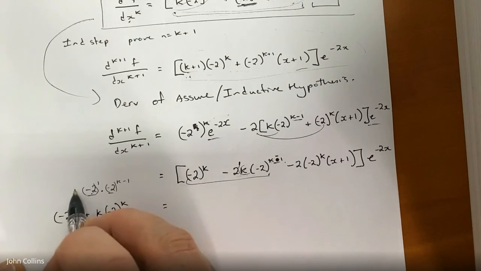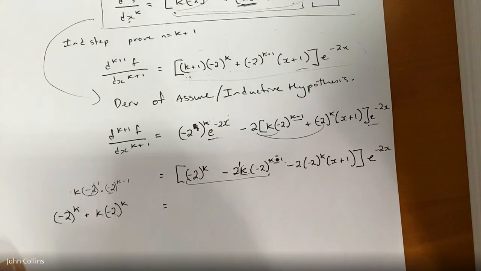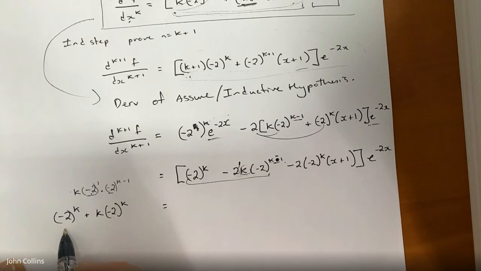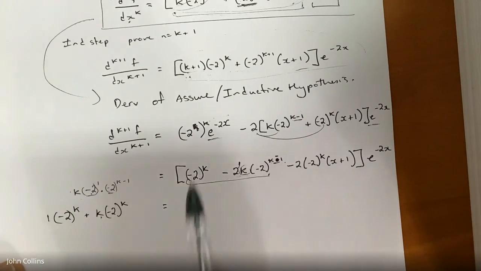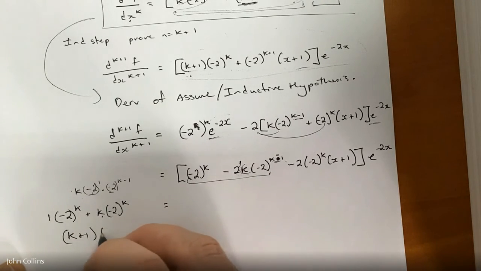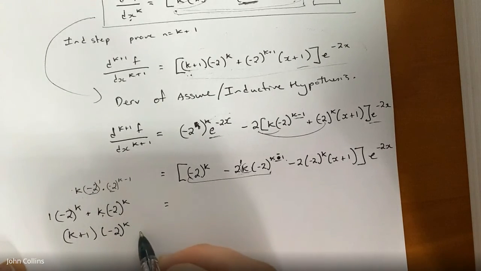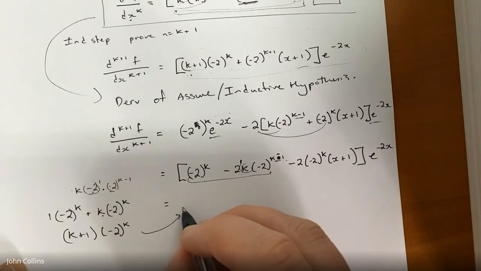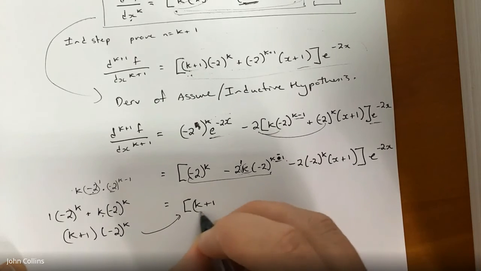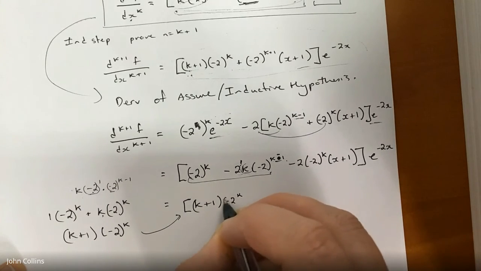All right, and there's a k there as well, so I can just put the k that was there in front. All right, so I'm going to replace that, but also you can then factor out a 1 out of this and a k out of that, so I'm just trying to force out a k plus 1 really. So I do get a k plus 1 when I factor that out. And what's left behind is minus 2 to the power of k. So that was a little sidebar, and I'm going to put that back in. k plus 1 times minus 2 to the k.